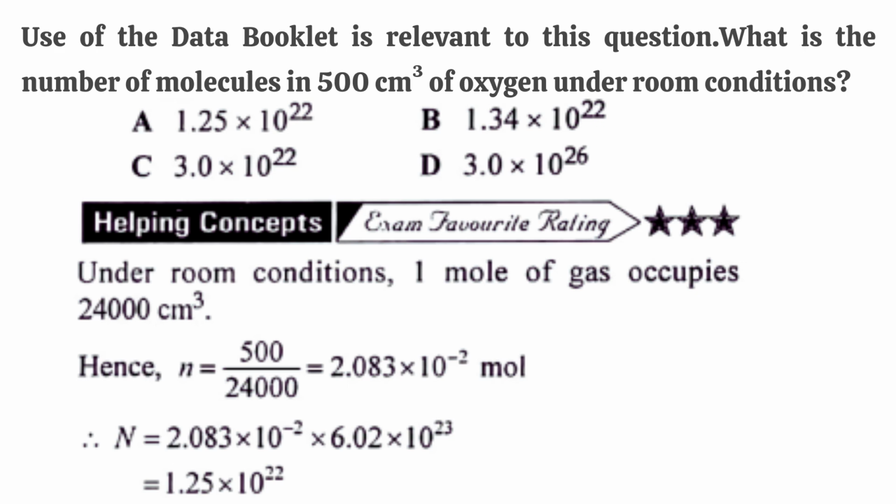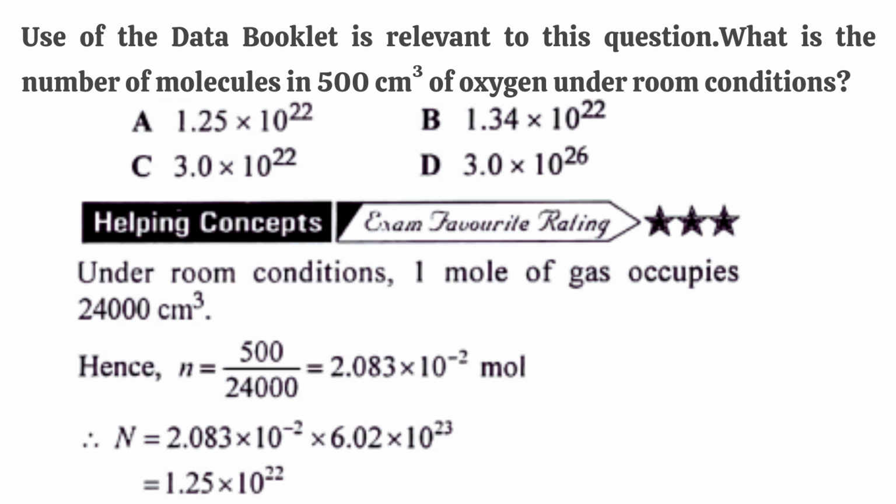A mole of gas contains a specific number of molecules, and this number is called Avogadro's number, which is 6.02 × 10^23. One mole of gas occupies 24,000 cm³ under room conditions. So, to find the number of moles in 500 cm³, we divide 500 by 24,000.